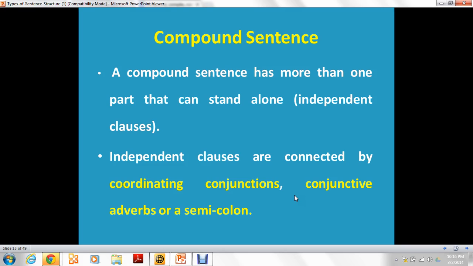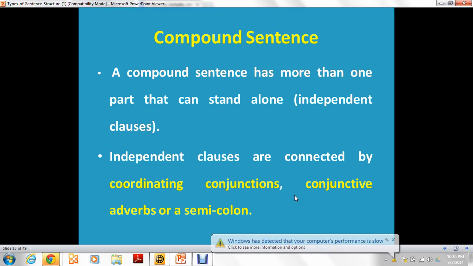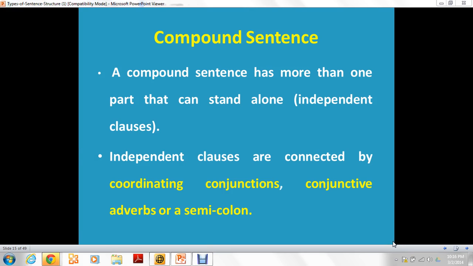What are independent clauses? Independent clauses are connected by a coordinating conjunction, conjunctive adverb, or a semicolon.